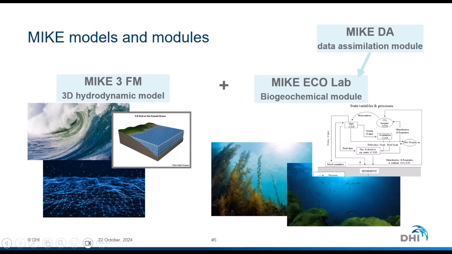It can actually also interact with both of them. In this webinar, we will focus on data assimilation in the ECO Lab module. I should also remember to say that the data assimilation module is not yet a part of the official MIKE releases. It might be in the future, but for now it's only available for DHI engineers.